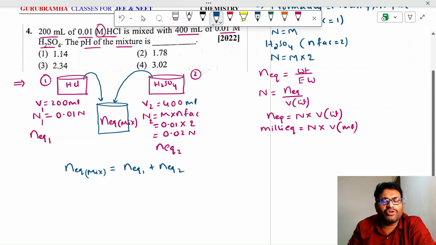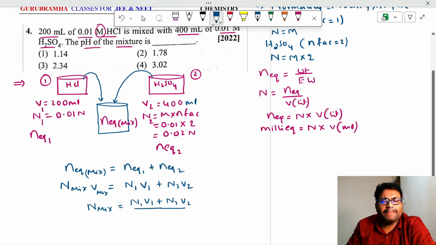I can write normality of mixture into volume of mixture equals N1 V1 plus N2 V2. So the normality of the mixture is N1 V1 plus N2 V2 by the volume of the mixture.